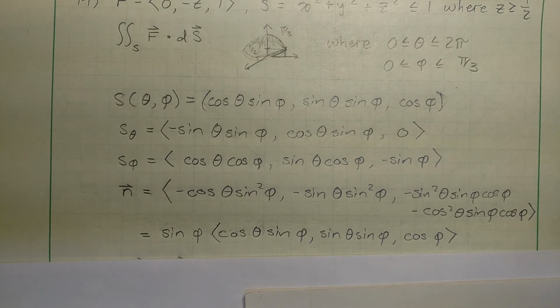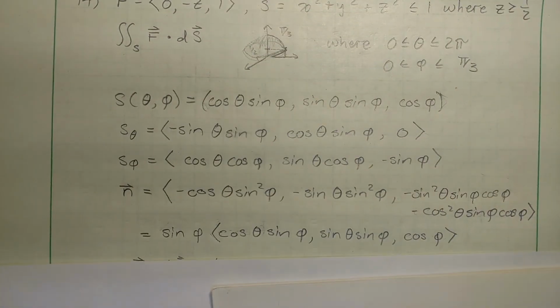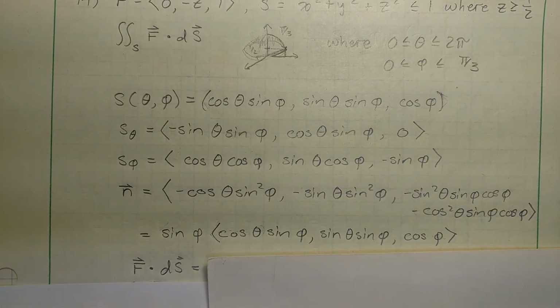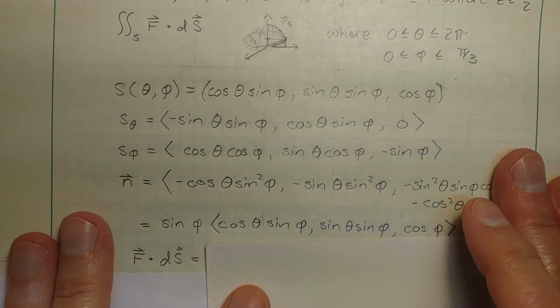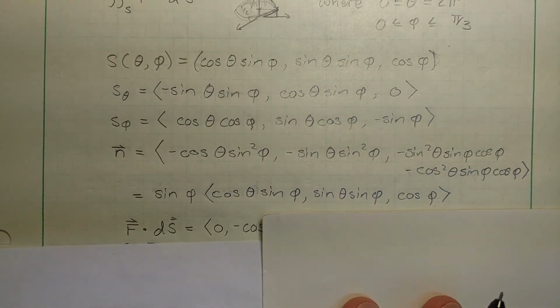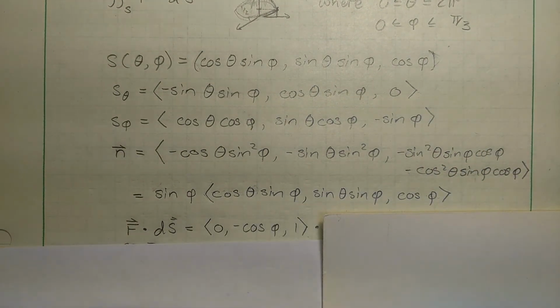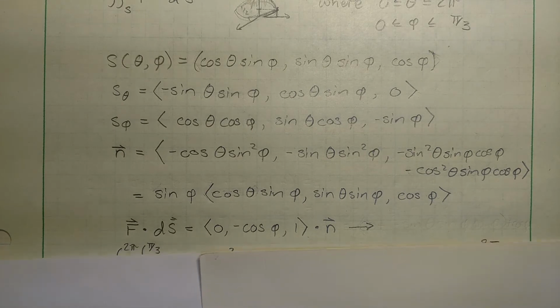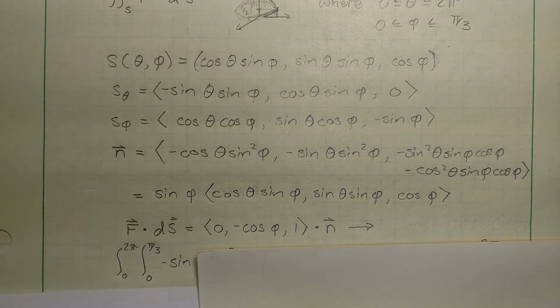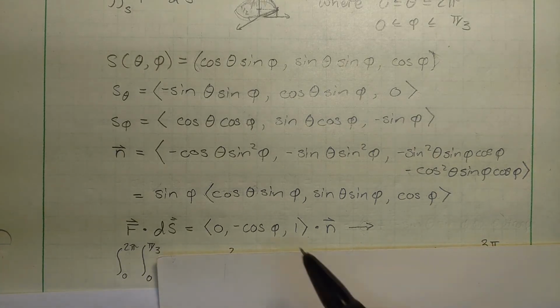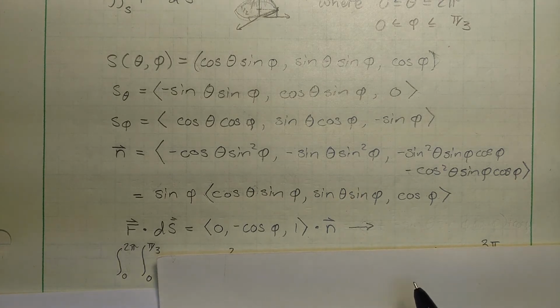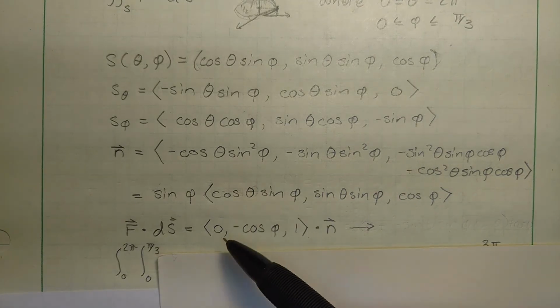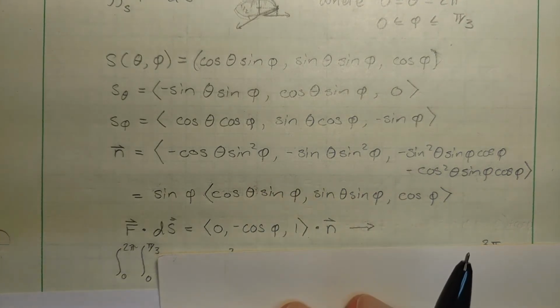Now I can go ahead and integrate this directly. My F dot dS is my vector field F parameterized with the parameters there, dotted with my normal vector. So that's going to become the double integral. If I do this dot product, notice what I get: 0 times this is just 0.